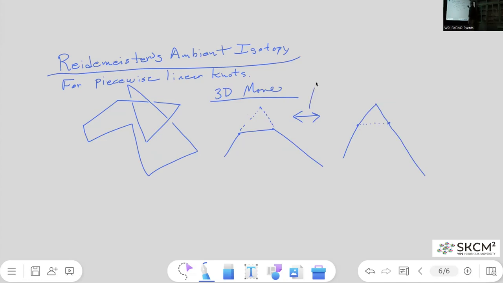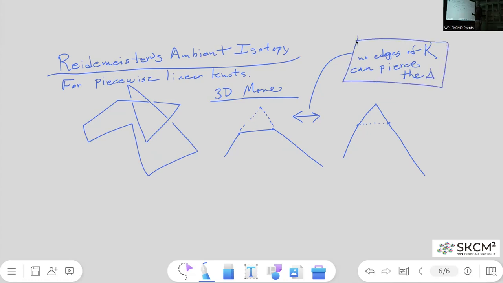And then the stipulation is no edges of K can pierce the triangle. Very important. Must be the case, okay? So you see this triangle.